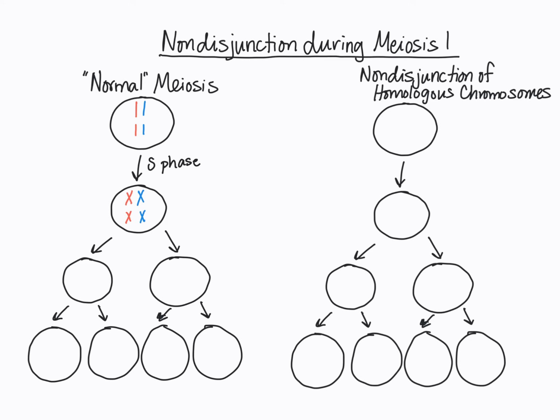During meiosis 1, the first round of cell division, the homologous chromosomes are supposed to separate. That means that out of these pairs of chromosomes, one of them goes into one daughter cell, and the other goes into the other daughter cell.